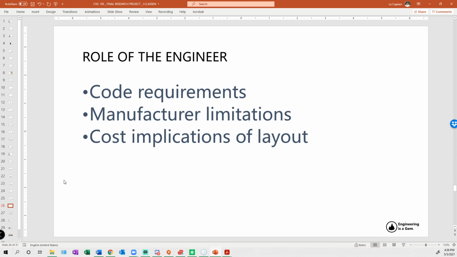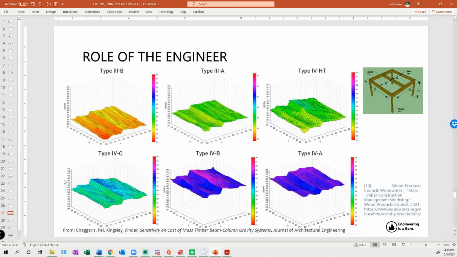Further study. And with that being said, the role of the engineer. We have a unique ability to both synthesize the code requirements and understand the manufacturer limitations to better optimize the design for cost, which is shown in some of these images. For example, this study looks at a typical bay size and finds the most economic building type based on the IBC requirements.